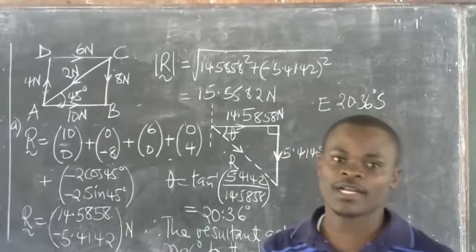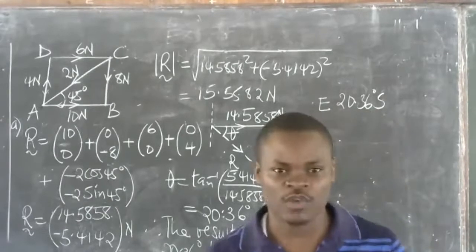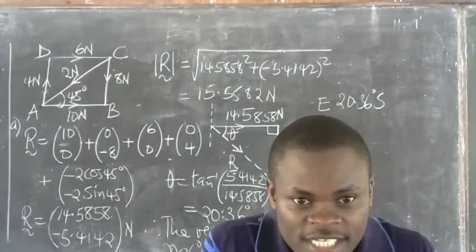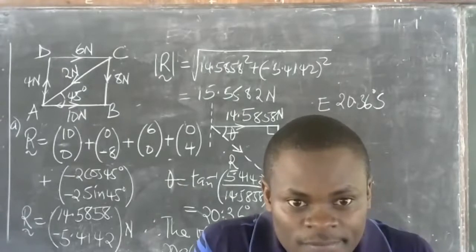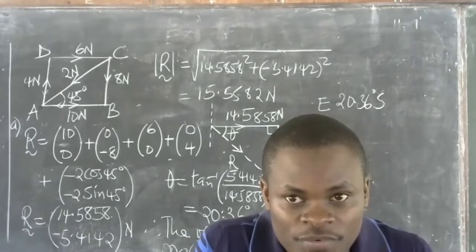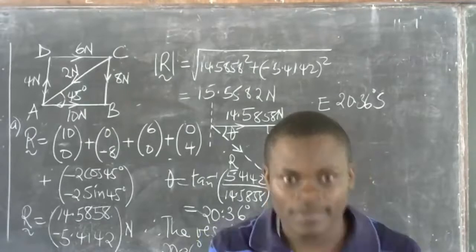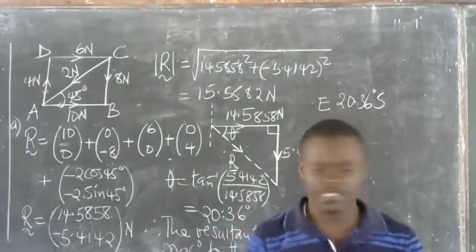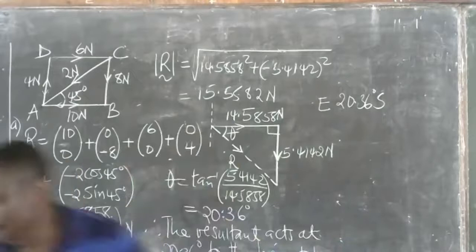Okay, so they wanted us to find part B, the equation of line of action of the resultant force.